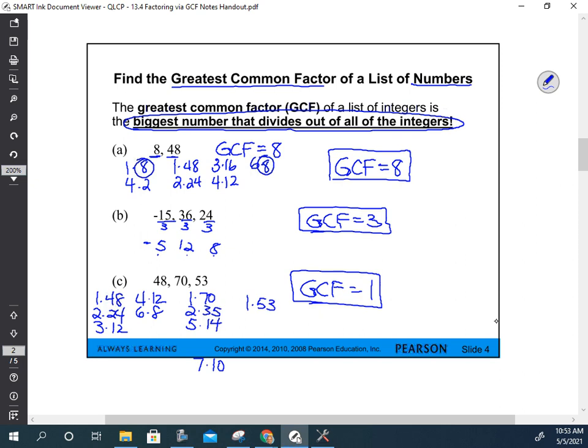There's only one number that they share, and that's 1. So if all else fails, you can always use the number 1. Number 1's your default.